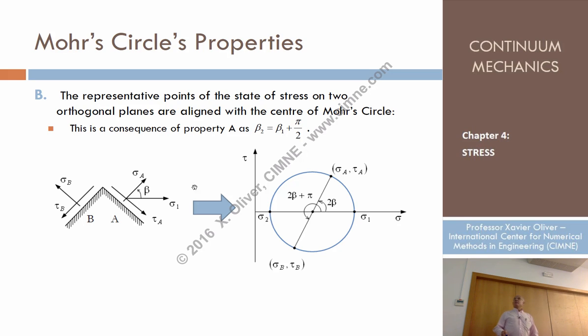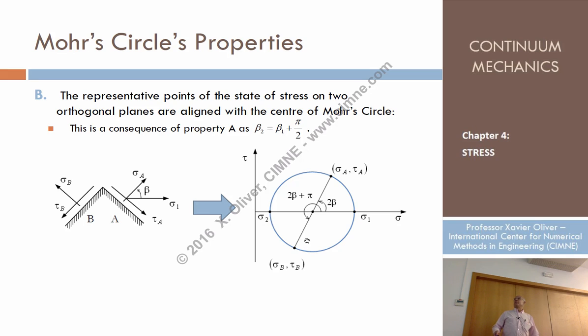Okay? What about this plane? What is the angle I have to move for going from this to that? Well, beta plus pi over 2. So twice this angle is 2 beta plus pi. So the representative point would be obtained by moving from this point an angle which is 2 beta plus pi.